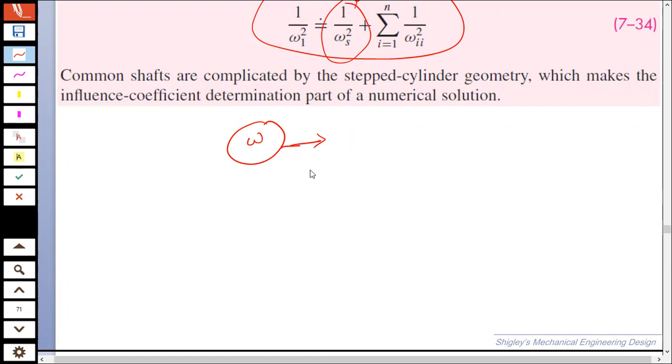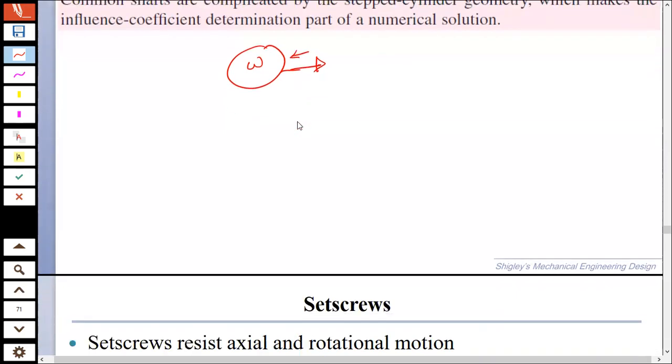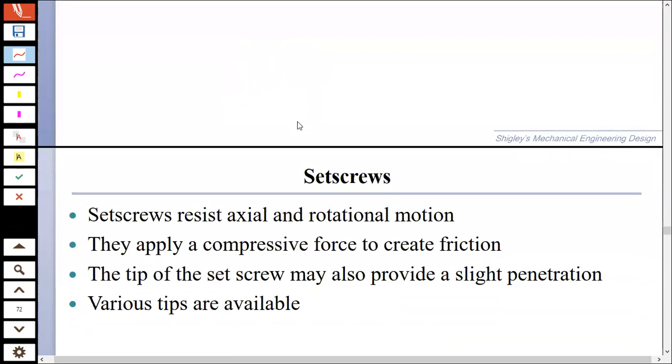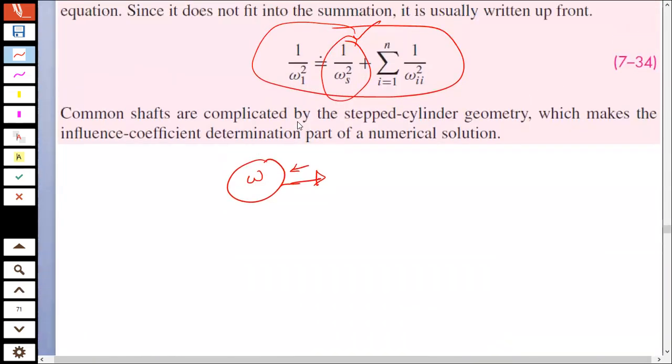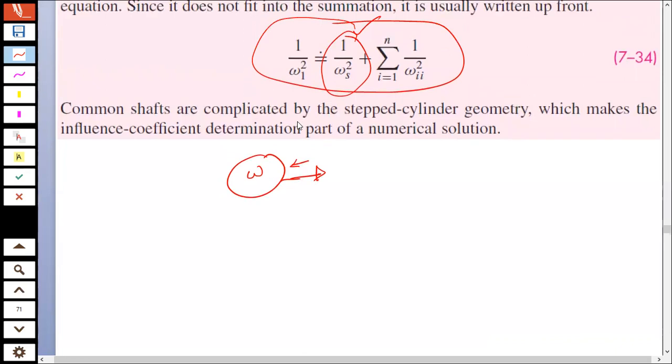You will try to keep the operating speed far away from this. And what did we say, at least twice, so that you do not have an issue with resonance and failure of the shaft.